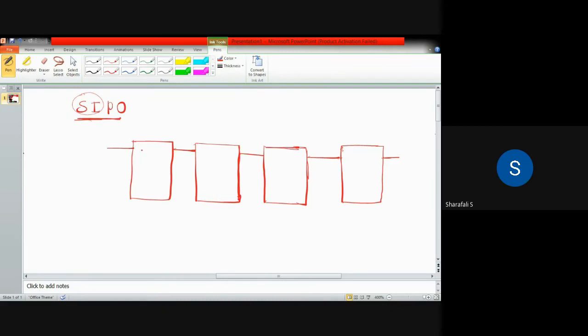We can denote these as D3, Q3, D2, Q2, D1, Q1, D0, Q0. And you have the clock pulse here.